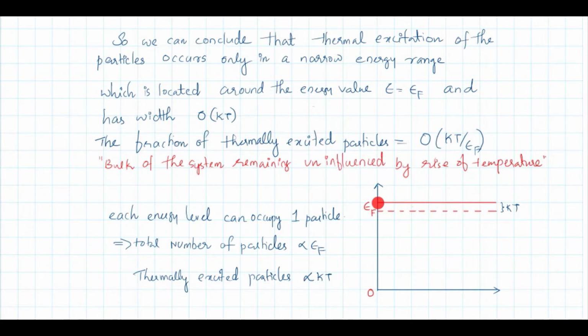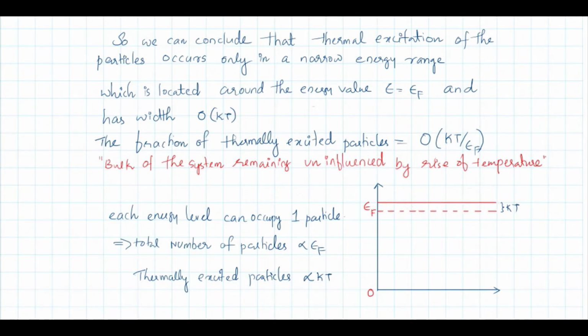So the particles near this Fermi energy, in a width of the order kT, can get excited to the higher states, the bulk of the system remaining uninfluenced by the rise of temperature.